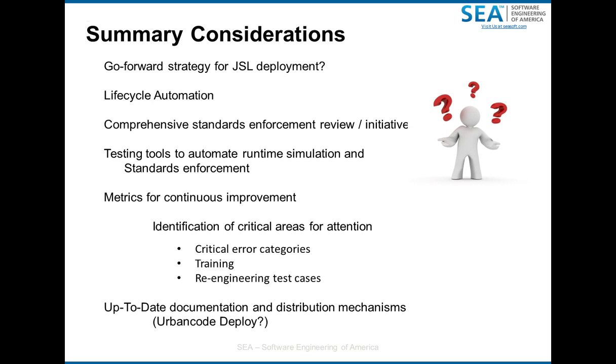You're going to want to consider your life cycle automation and the pieces of knowledge that are required and the tools that are required to really allow your developers to accomplish the testing and the defect elimination as early in the process as possible. The metrics to be able to understand what it is that they are doing and the capabilities that the tools provide, and finally considering the deployment process.